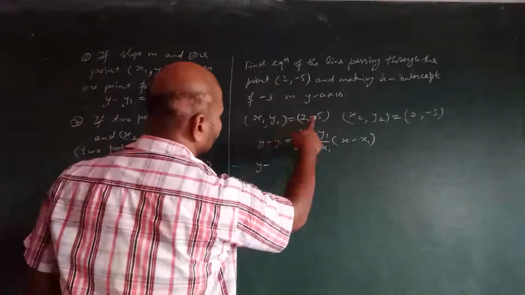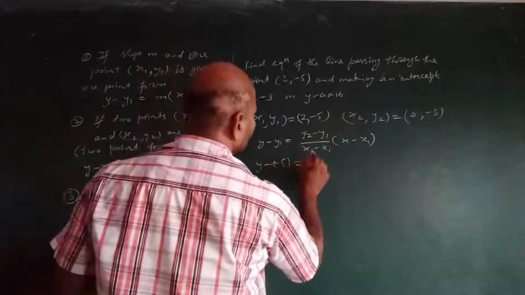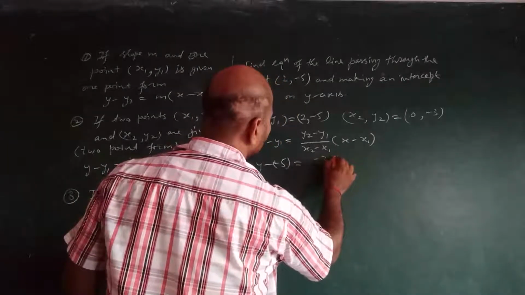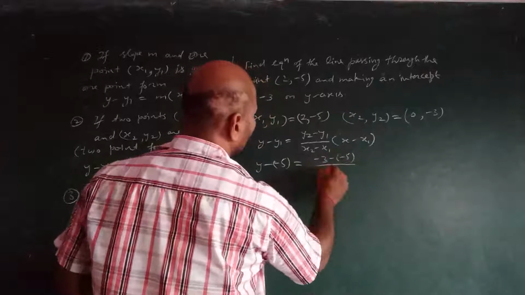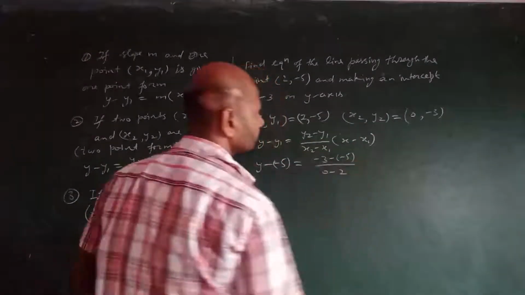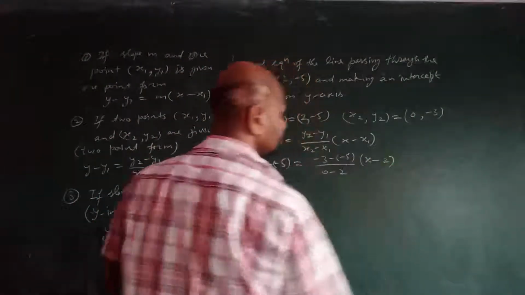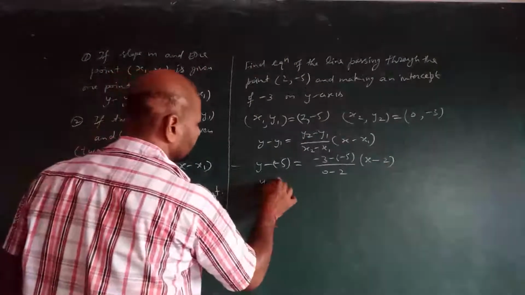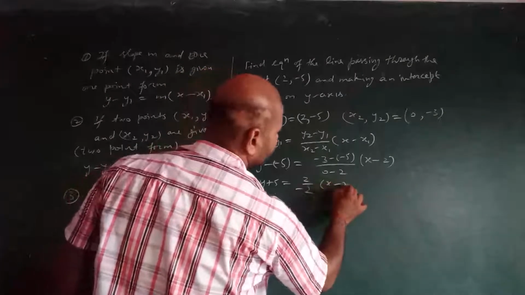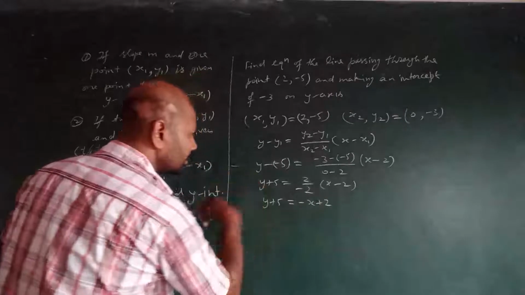So y plus 5 equals minus 3 plus 5 upon 0 minus 2, that is 2 upon minus 2, into x minus 2. So y plus 5 equals minus x plus 2.